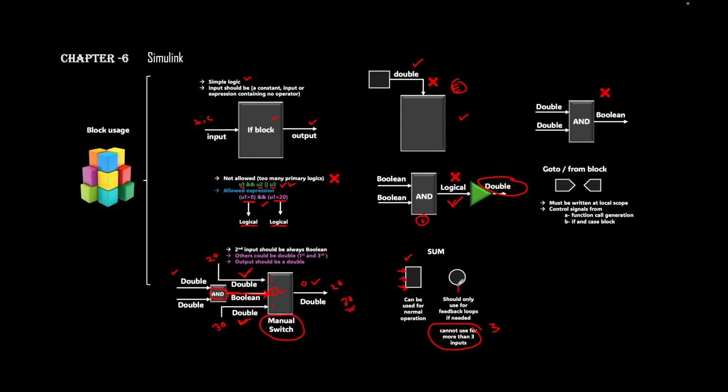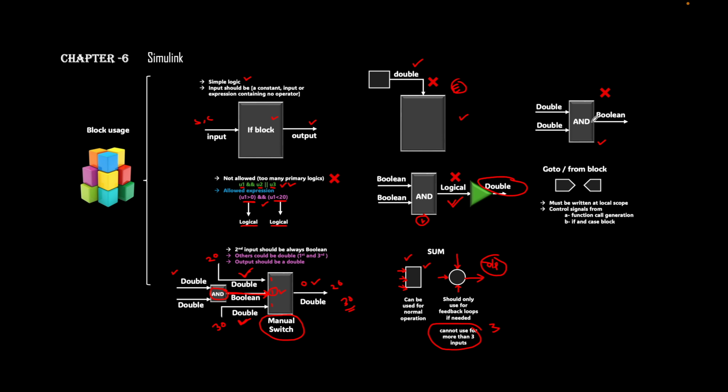So one from this direction, one from this direction, and one from this direction, and the fourth will be the output. So this will be the output, and that is how it should be done. If you are using more than three inputs, then you should preferably use a rectangular sum block.